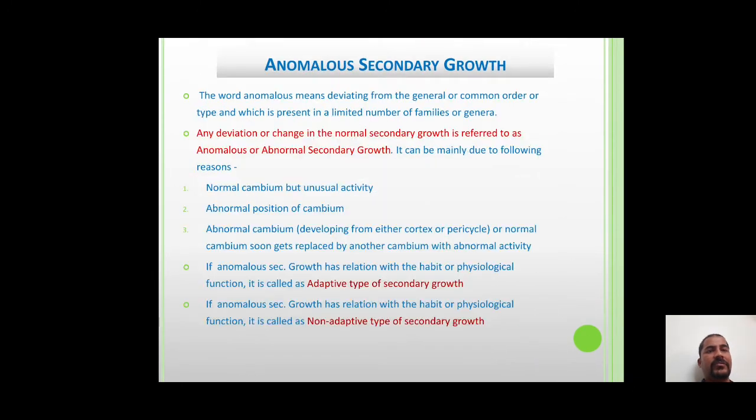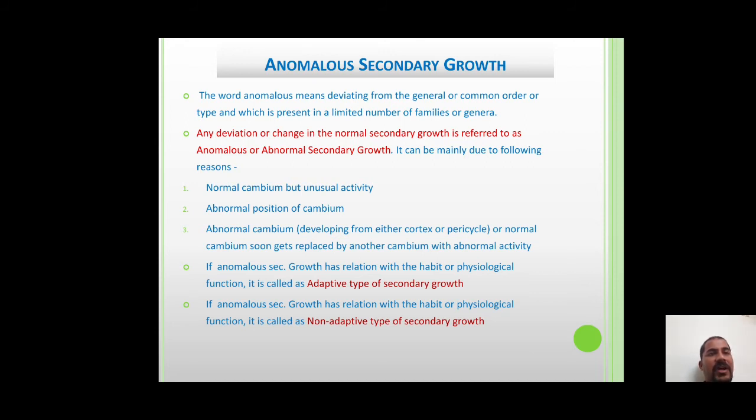Moving to the next. Now, what is meant by anomalous secondary growth? We have seen the normal secondary growth. Now, we will see the anomalous secondary growth. The word anomalous means deviating from the general or common order or type, and which is present in a limited number of families or genera.